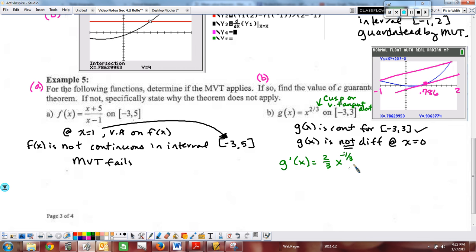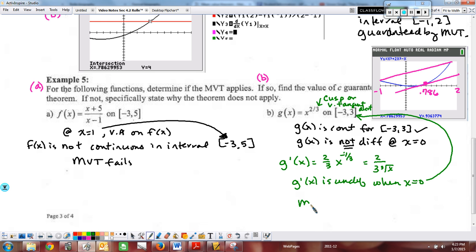This derivative, 2/3 cube root of x, g prime of x is undefined when x equals 0. So it's not differentiable at x equal to 0. And yes, that is in the interval of interest. So therefore, MVT fails here as well.